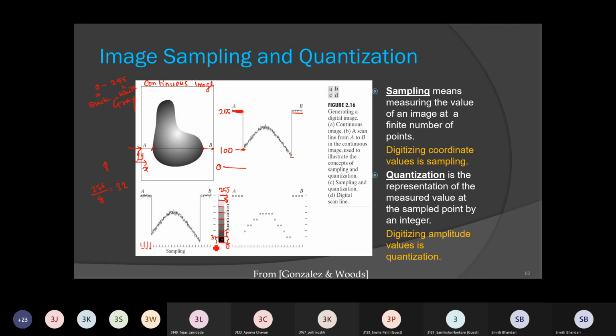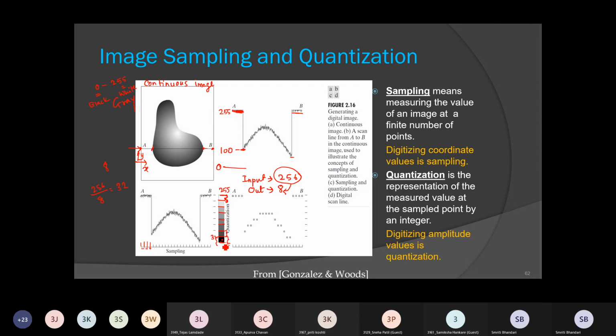So instead of having 256 input values, I'm now having 8 output values. 256 grayscale values are being converted into 8 values. How? I'm having these ranges.